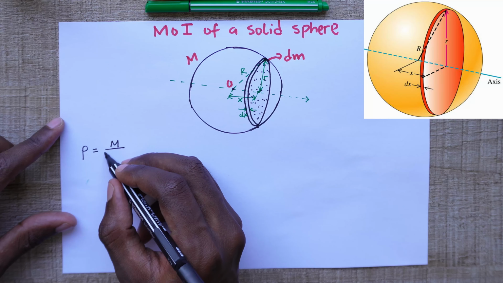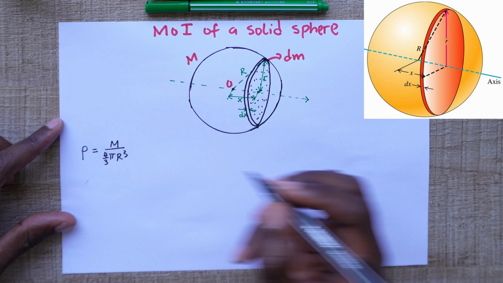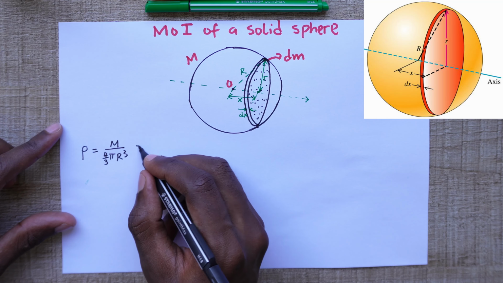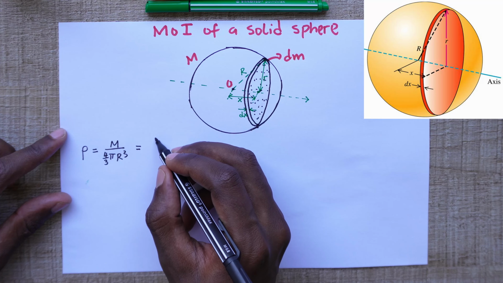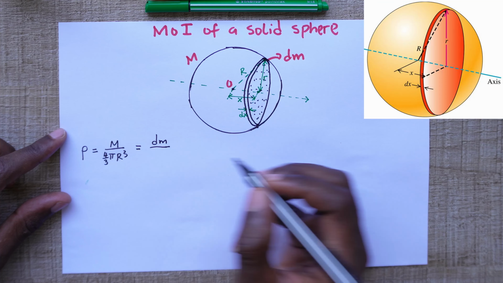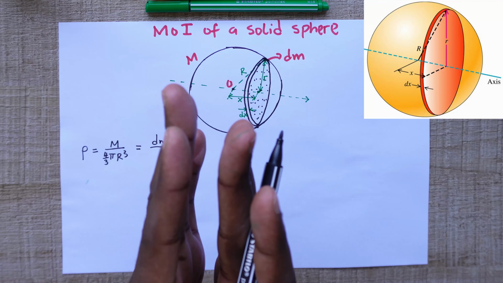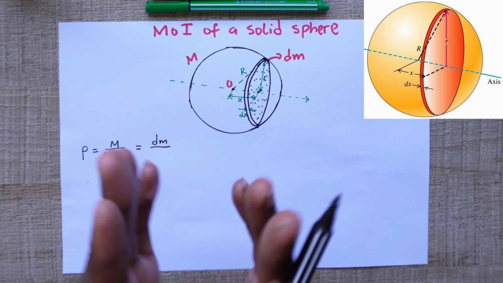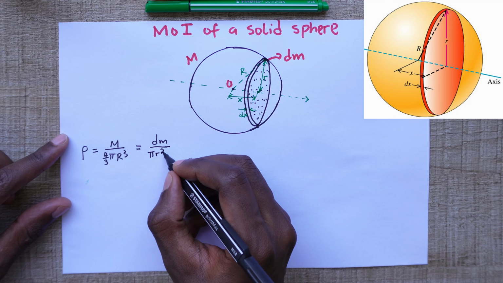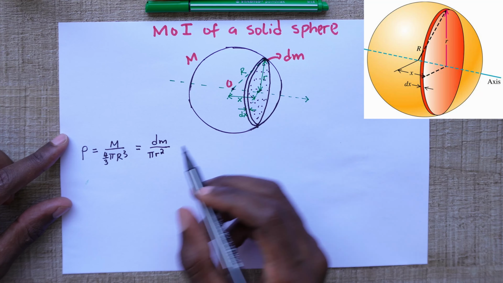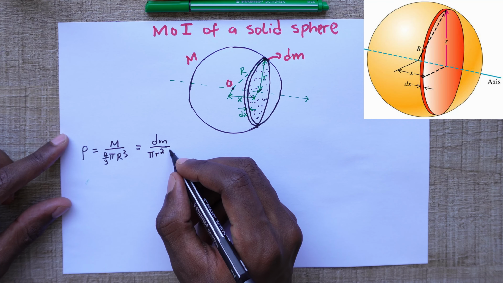The volume of a sphere is just 4/3 pi R cubed. But we can also write this mass distribution in terms of the mass of the element, which is dm divided by the volume of the element. This element is a disk that has a small thickness dx, so you take the area of the disk, which is pi r squared, because that's the radius of the disk, and then you multiply that times dx.